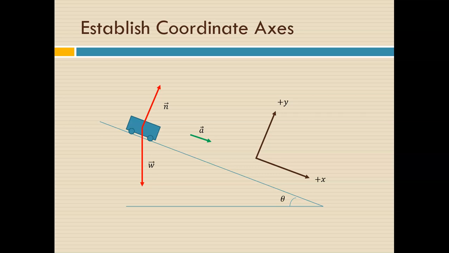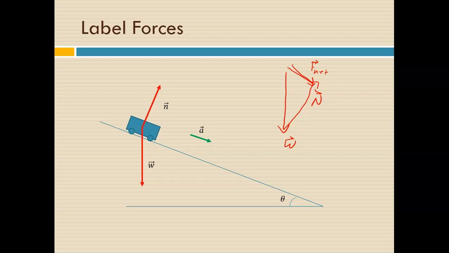Okay, so how does it work? Well, we're going to play a little cheat here. I get to choose the coordinate axes. If I use our standard coordinate axes, x to the right and y up, then W would only have a y component, but N would have an x and a y component, and the acceleration would have an x and a y component as well.